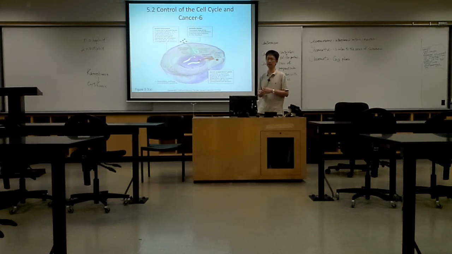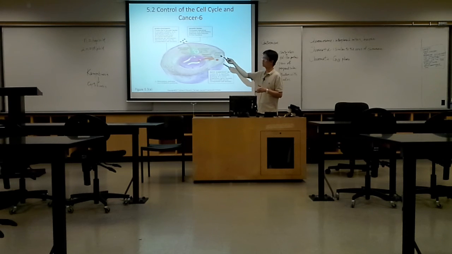Oncogene means cancer gene. So proto-oncogene is basically a gene that will trigger the growth of the cancer. And the tumor suppressor gene, as the name suggests, will stop the cell division, or suppress the gene from mutation, or suppress the cell division.